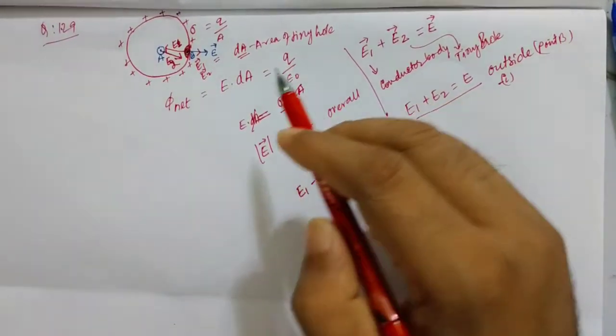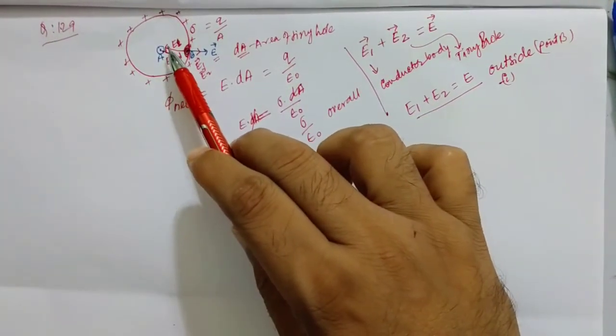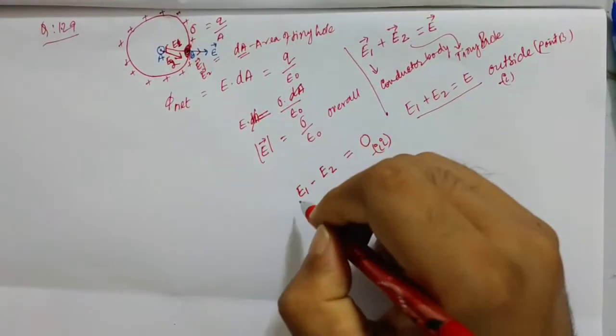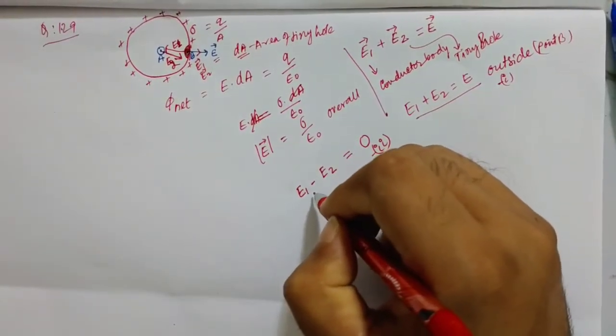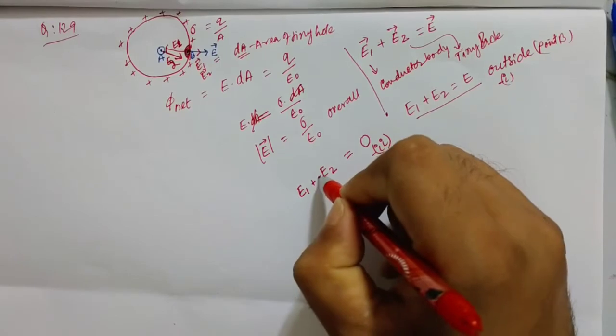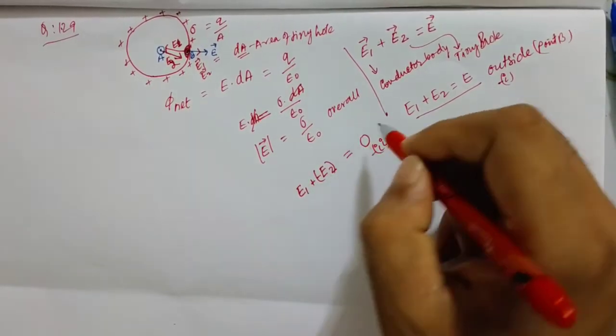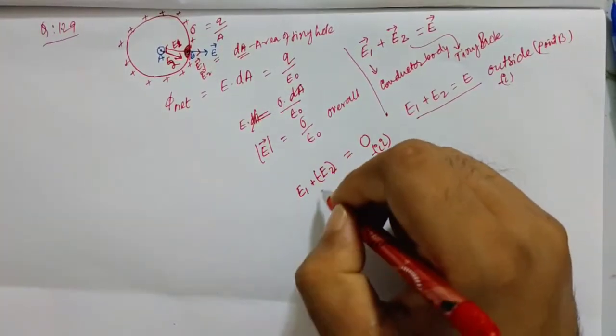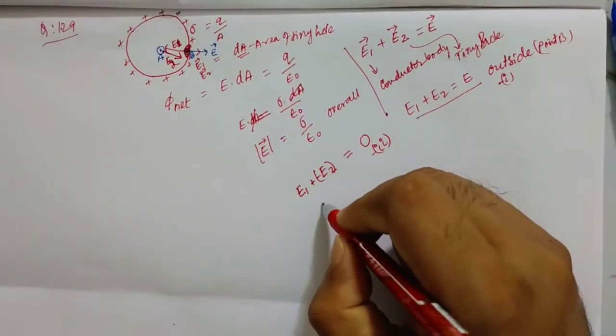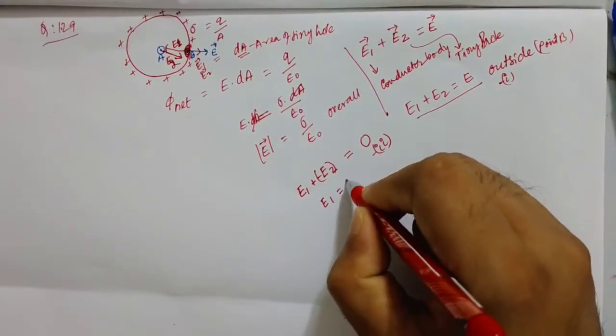And as we know, from the property of conductor, the inside electrical field of any conductor is 0. So E2 is this direction, E1 is this direction, so the sum is 0. What does it mean? Actually E1 is equal to E2.